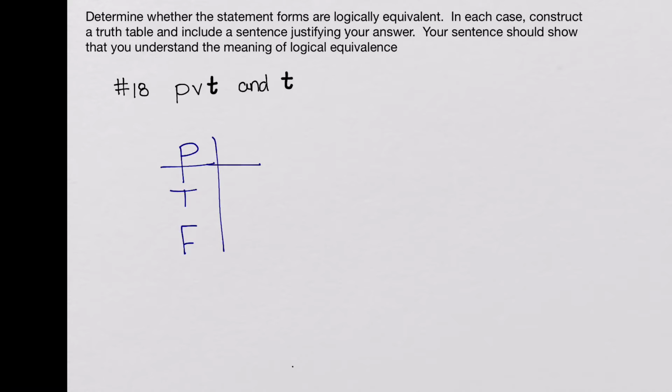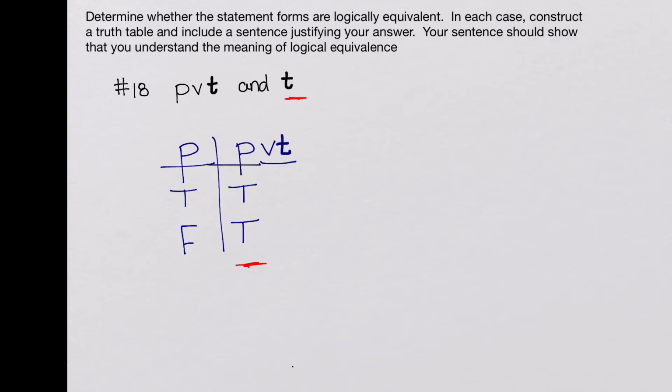So we have P can be true or false, and if I have P or T, then we're just combining the value of P with true. So true or true is going to be true, and false or true is also true. So the value of P or T is always true, so these two statements are equivalent.